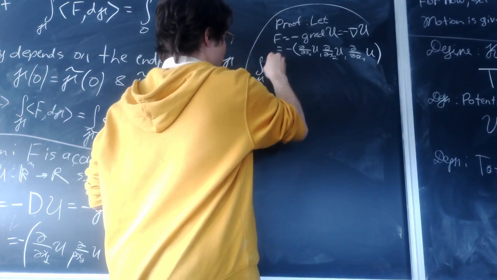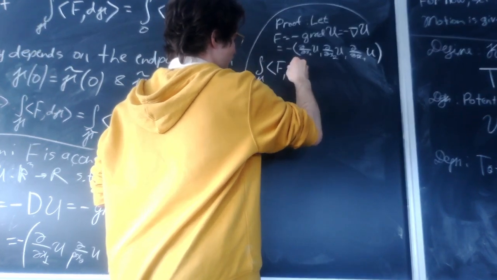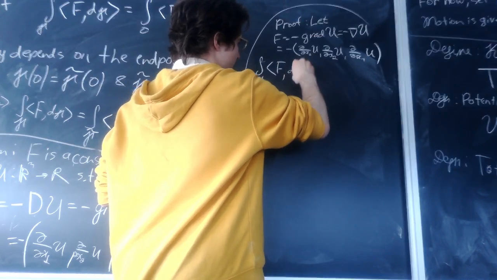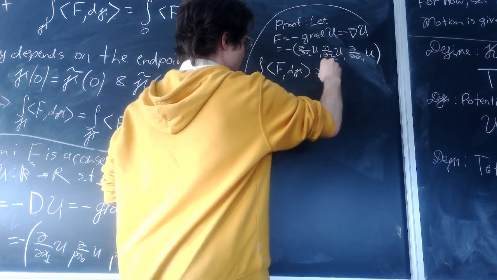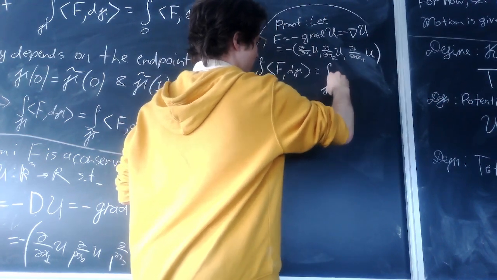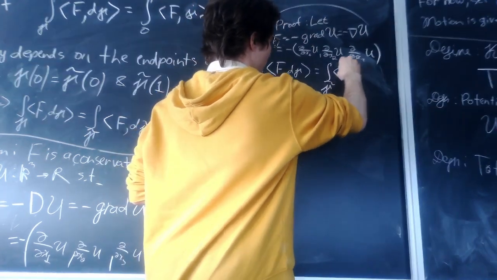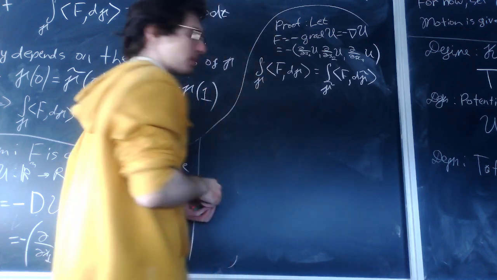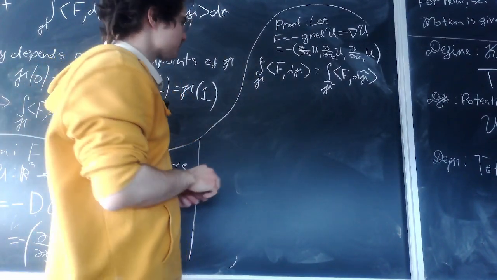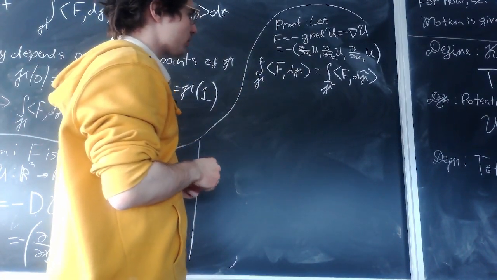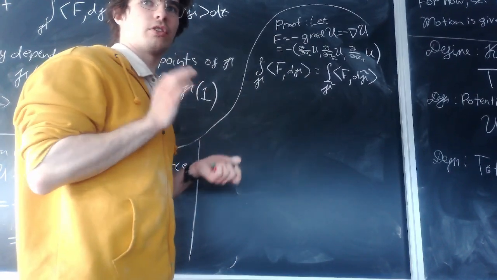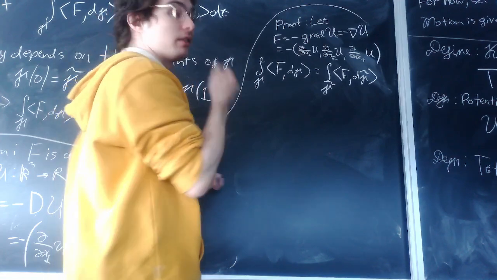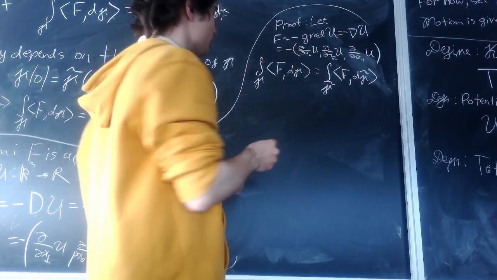So the integral over gamma of f dot dγ should be equal to this other integral over γ tilde of f dot dγ. Okay. So I'll write this in 2 dimensions, but the answer will be exactly the same in 3 dimensions. I just don't want to write an extra term.